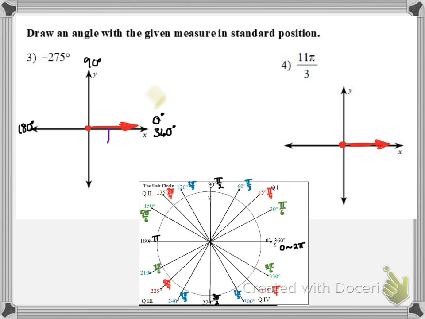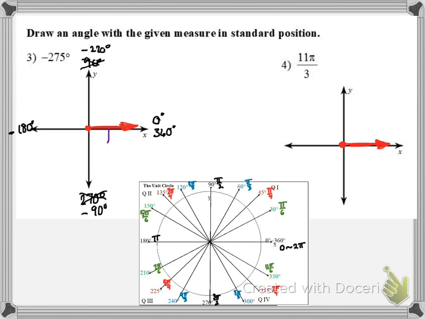Going around the circle, 90, plus 90 is 180, plus 90 is 270, plus 90 is 360. So this would be 270 degrees. If I'm going backwards, instead of calling this 270 degrees, I'm going to call this negative 90 degrees. Instead of calling this negative 90 degrees, I'm going to call this one negative 270 degrees. And then this one gets to be negative 180. You don't have to label them that way, but for me, that helps.